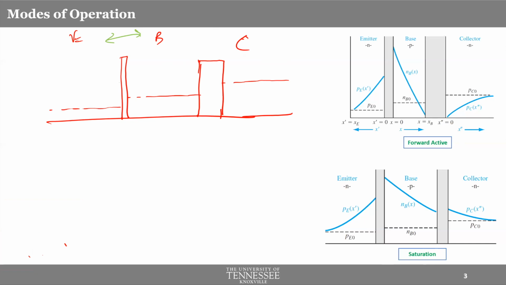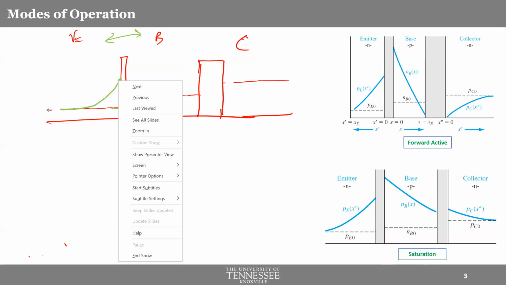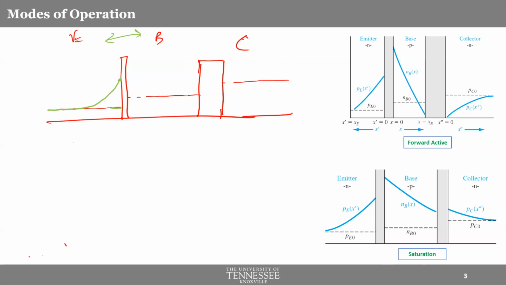That means our minority carrier concentration will be more than what we had in the thermal equilibrium level, and it will gradually diminish all the way towards the thermal equilibrium concentration as you move further into the emitter, further away from the junction. For the base, same thing. Got erased somehow, so let me draw it again.